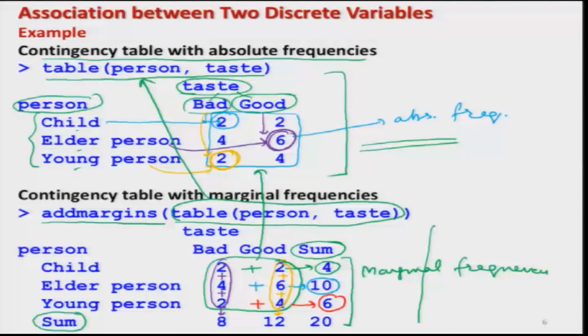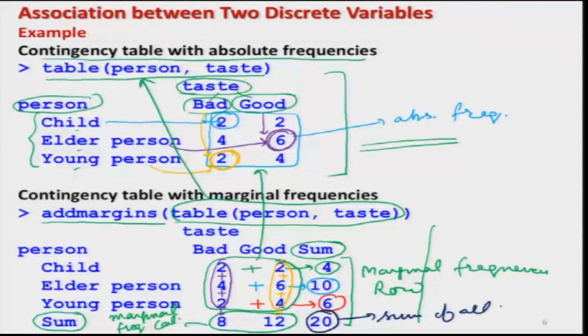So these are based on rows, and similarly these are the marginal frequencies based on columns. And finally, this value 20 is the sum of all the observations or the sum of all the frequencies.